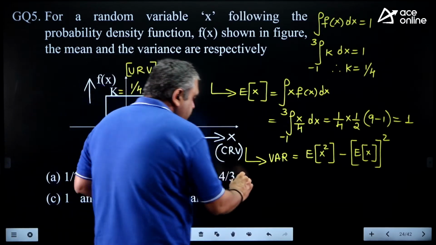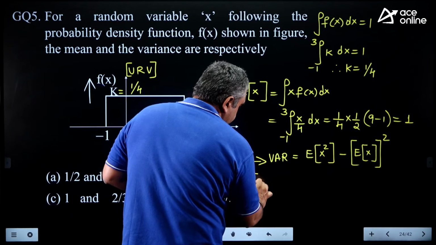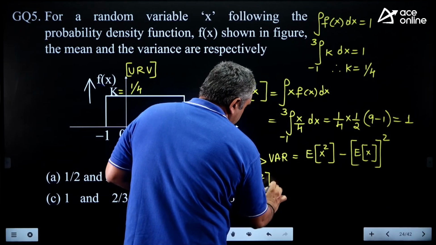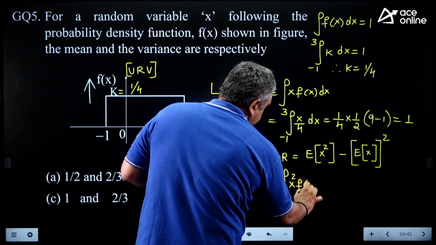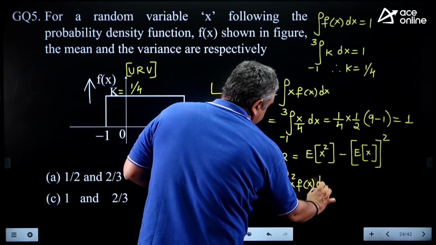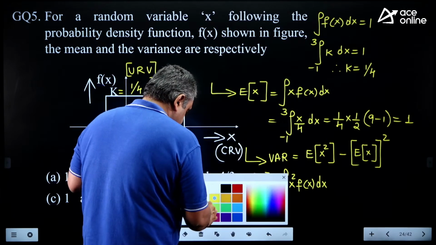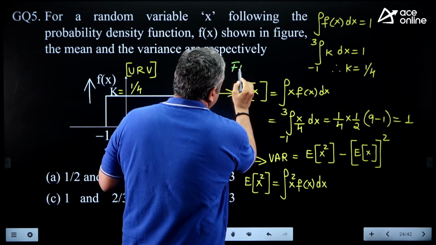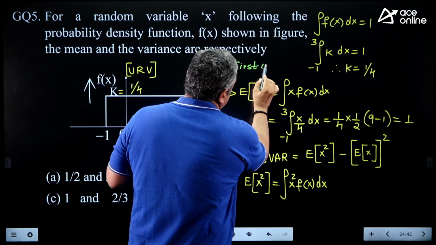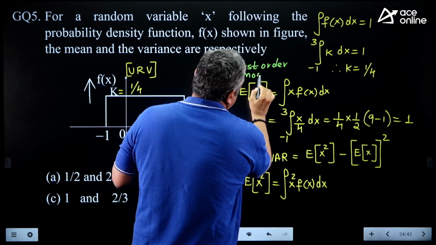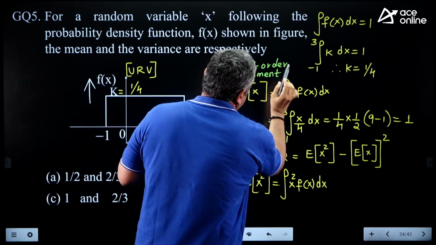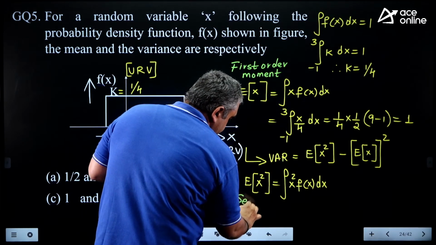Now what will be the expectation of x square? The second order moment is the integral of x square into f of x dx. Expectation of x, we call it the first order moment. All these are very clearly mentioned in your syllabus. I am touching all the topics with an example. This is what we refer to as the second order moment.